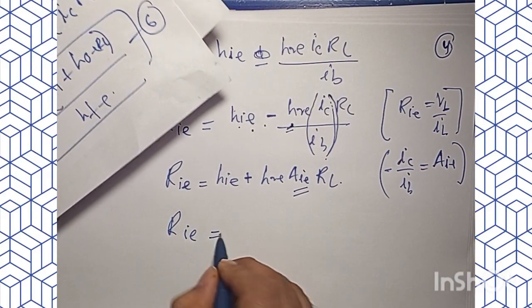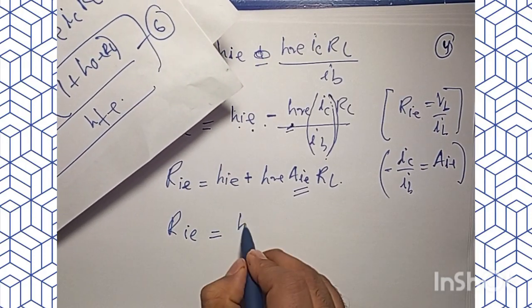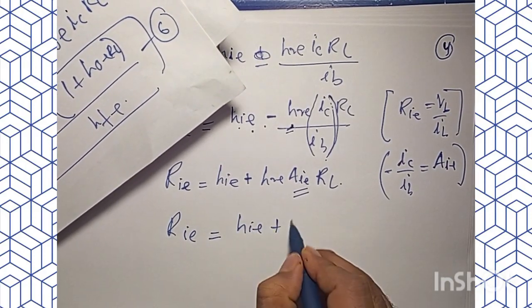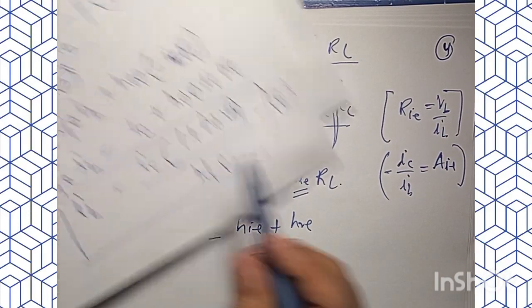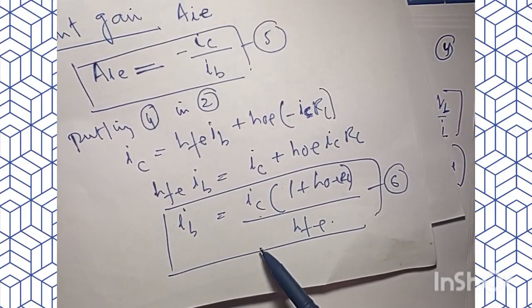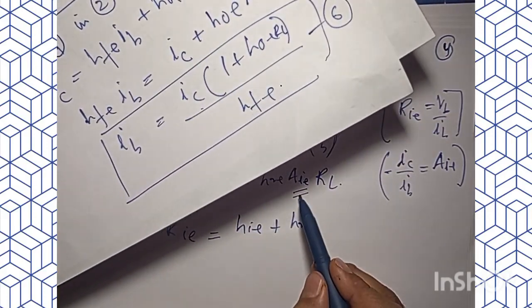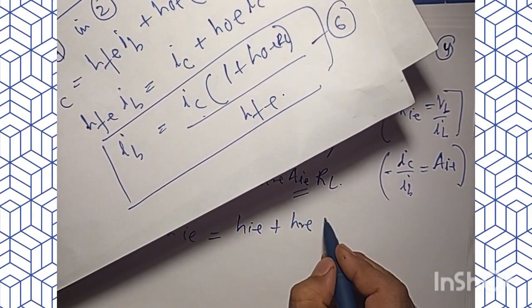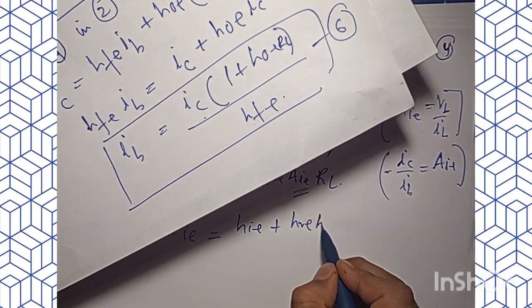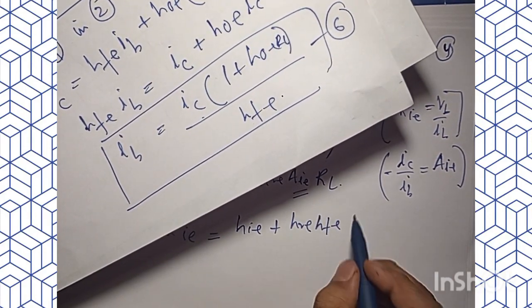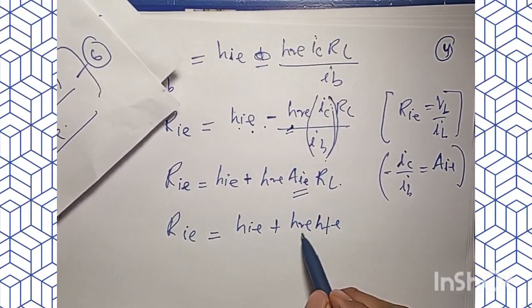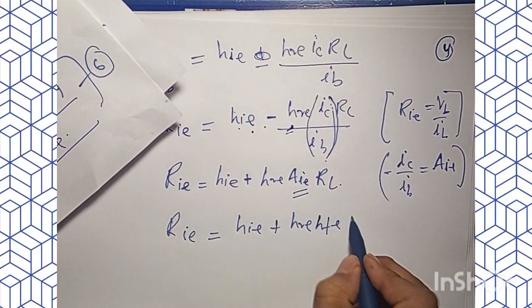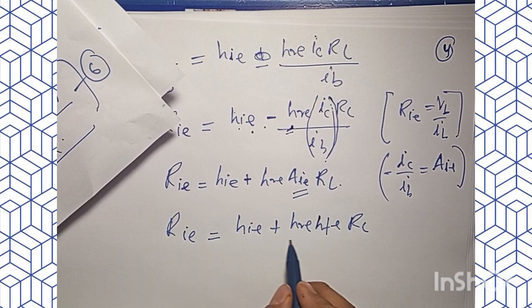So RIE is going to be HIE plus HRE. And see, if I use here IC by IB for current gain in common emitter configuration, so that is HFE, that will go upside, and we will have HRE HFE and RL divided by 1 plus HOE.